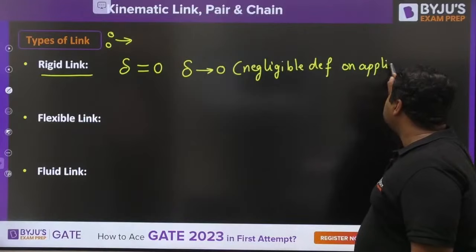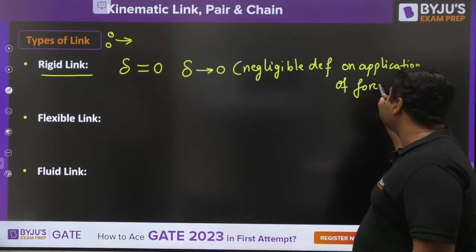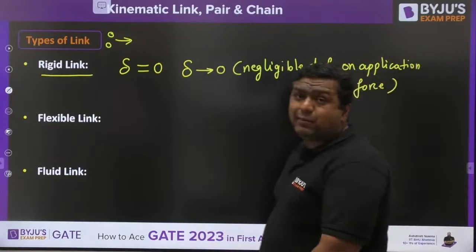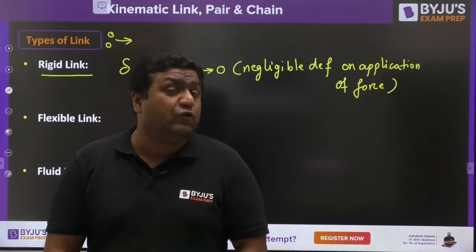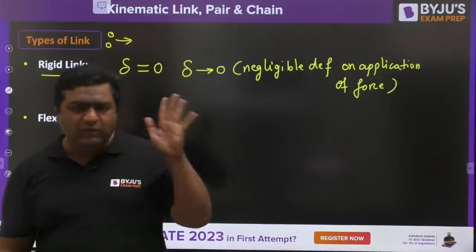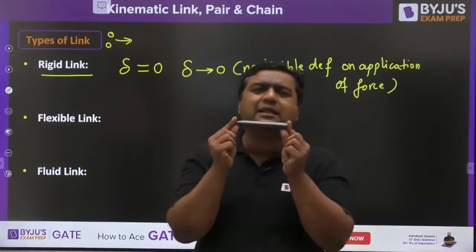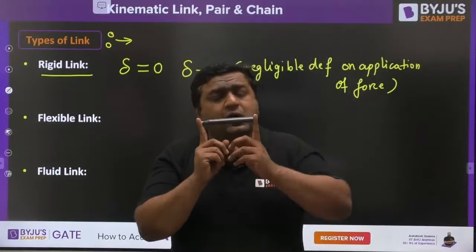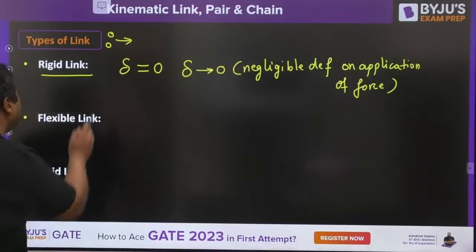You might be thinking, sir, why are you assuming that forces would be there every time? Because we are studying theory of machines. Theory of machines means mechanism. Mechanism means motion. None of the motion is possible without force. So forces are always present. So if I apply a force onto this link and this link has either zero deformation or negligible deformation, then I would call such a link a rigid link.